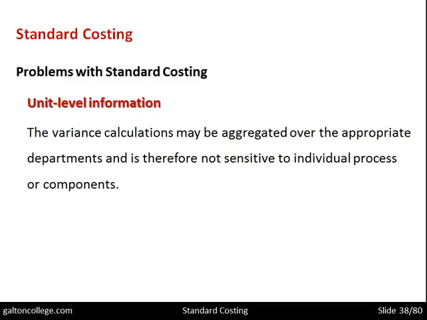And the particular process may involve the use of many items, including labour, machinery, different types of raw materials and components. So it tries to work out what the standard cost of that whole process is. Now that means it's only looking at one standard cost as opposed to perhaps looking at many standard costs had it taken each individual component into account.